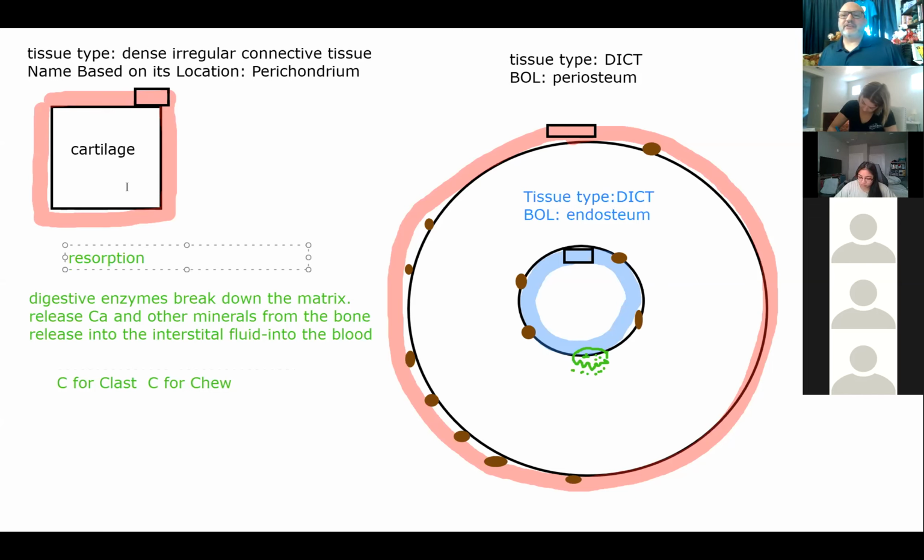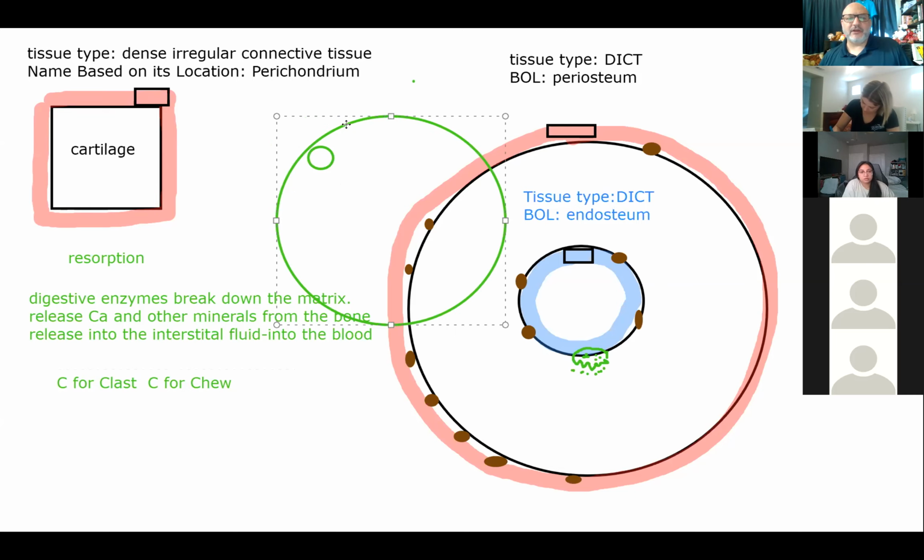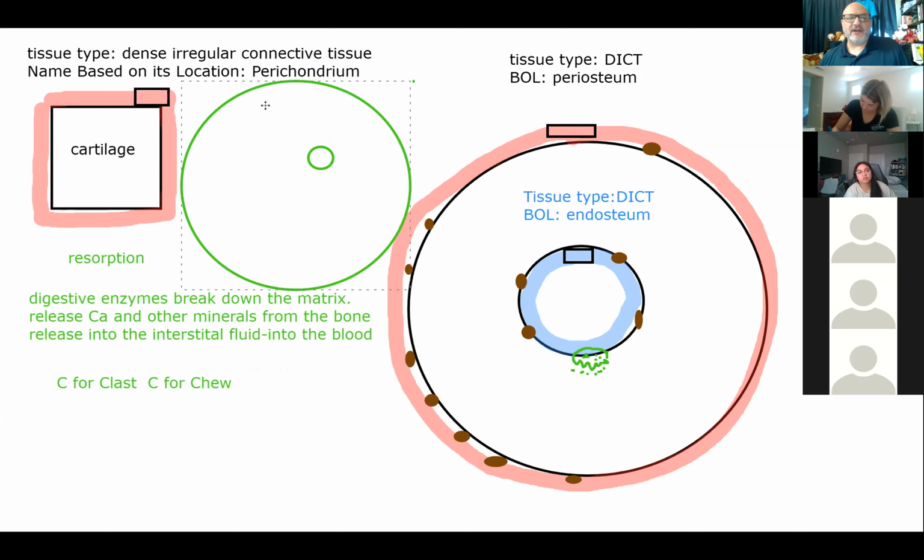But here's the other thing too, right? As a baby, you had these tiny little bones with a tiny little cavity in the center of it. And then you grew and got bigger. And as you grew and got bigger, do you necessarily want that tiny little cavity in the center to stay the same size that it was before? No. We need to get rid of matrix to grow the cavity as well.